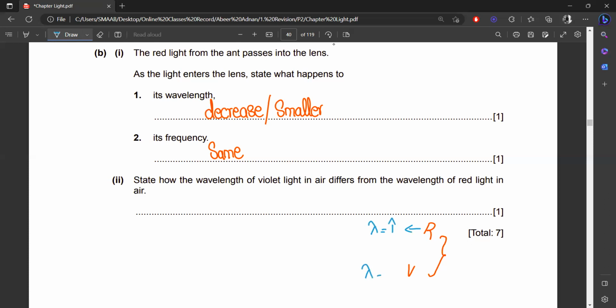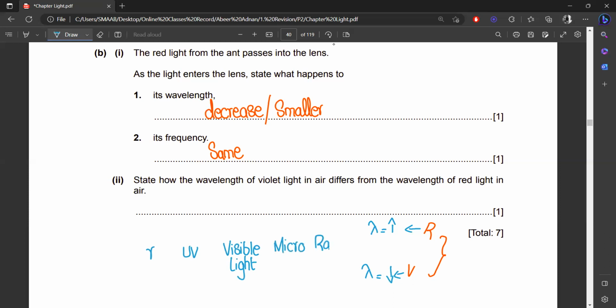If you also remember the chart of the electromagnetic spectrum, on the left hand side we get gamma rays, X-rays, and ultraviolet, and in the middle the visible light, and on the right hand side we get infrared, microwaves, and radio waves.